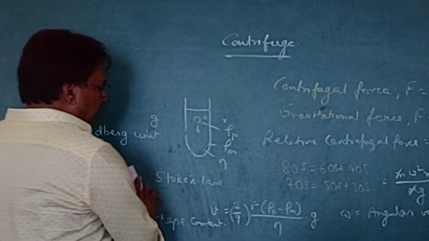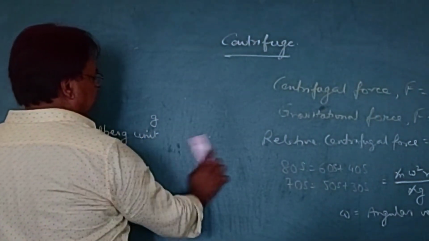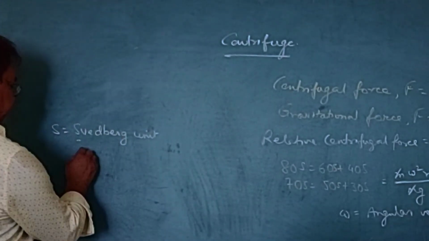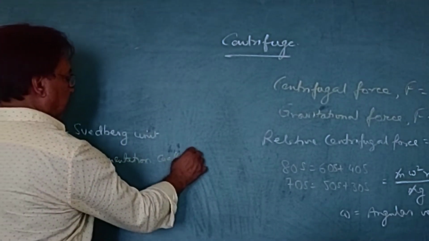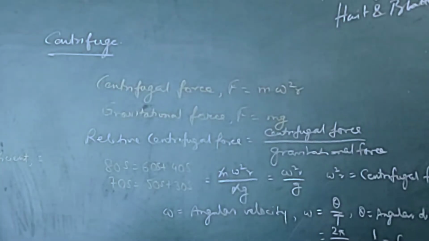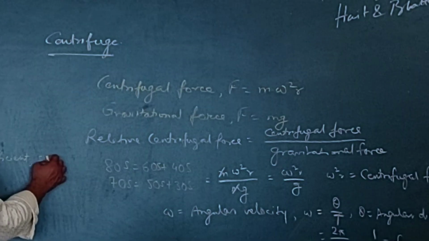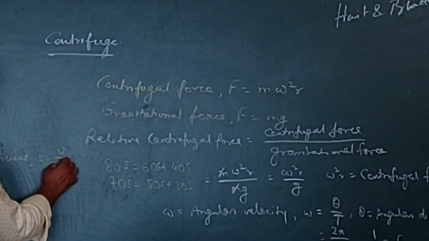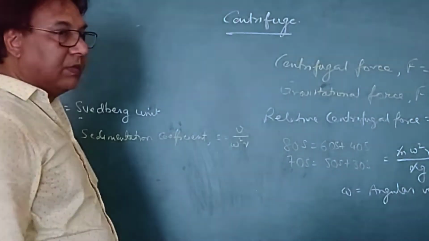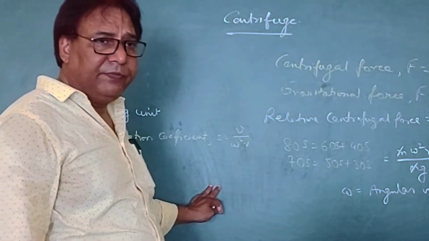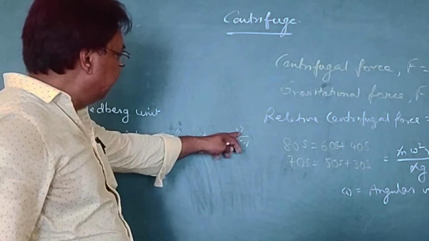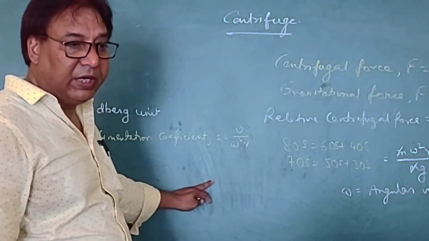To simplify this, there is a term called sedimentation coefficient, which you may also represent as S. Sedimentation coefficient is equal to V by omega square R. This is the formula for sedimentation coefficient: S = V / (ω²R). Your V is the same velocity, the sedimentation rate.